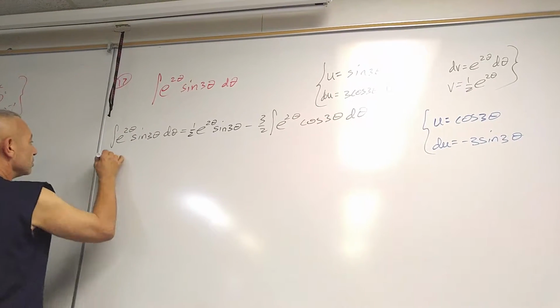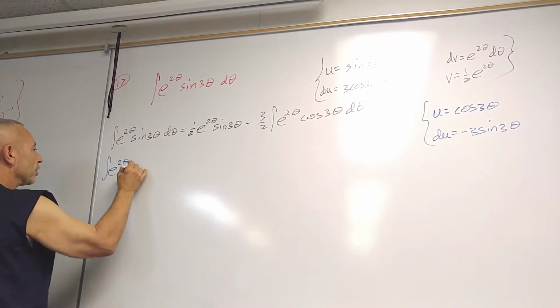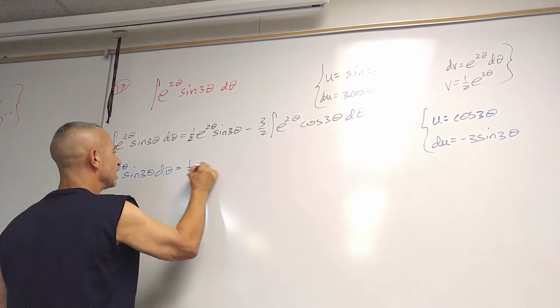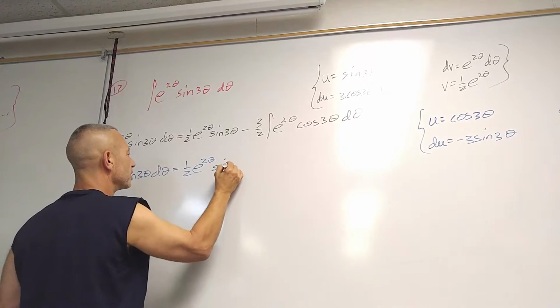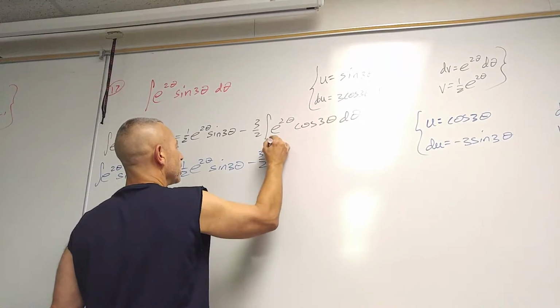So, the integral of e to the 2 theta sine 3 theta d theta is 1/2 e to the 2 theta sine 3 theta minus 3/2 times the quantity.